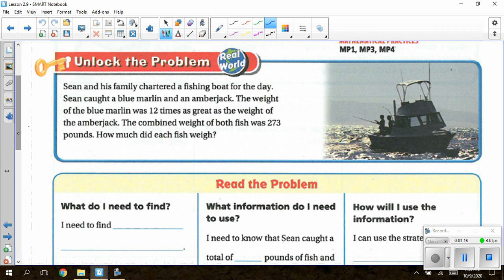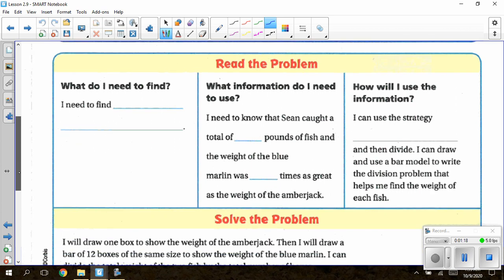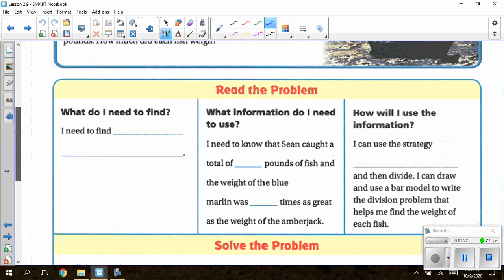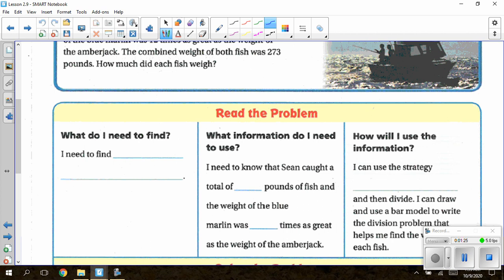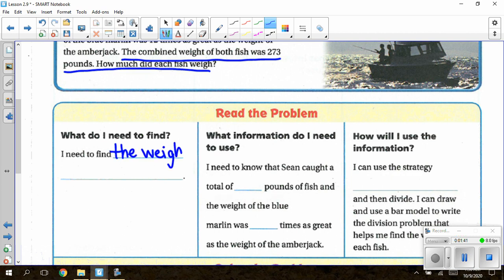So we need to make sure that we are understanding everything that the problem is giving us. We know from the question at the end of this story that the combined weight of both fish was 273 pounds, and we need to find how much each fish weighed. So I need to find the weight of each fish.